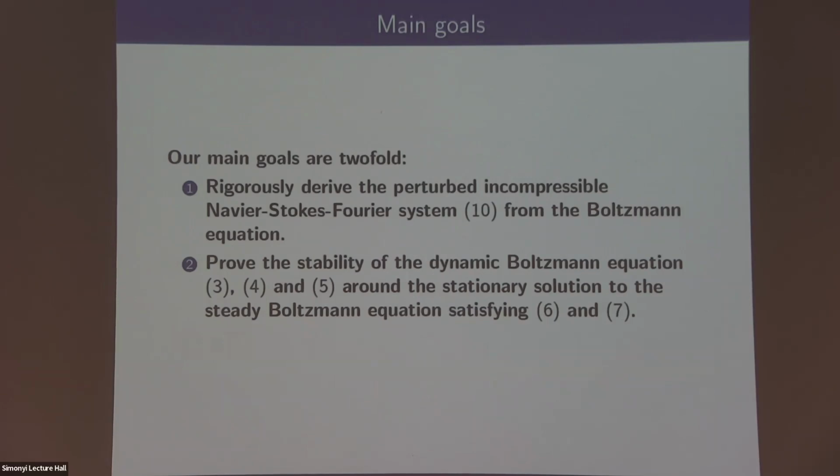Okay, so our main goals are twofold. The first main goal is to rigorously derive the perturbed incompressible Navier-Stokes-Fourier system from the Boltzmann equation.